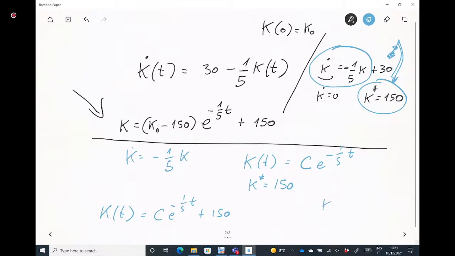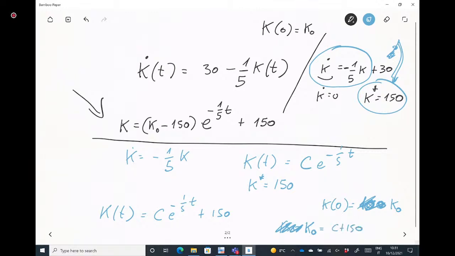Now, you want K(0) to be equal to K0, which is 100, okay? Not 150. So you want K at time 0 to be equal to a given level K0, which is equal to c times this when t is 0, plus 150.